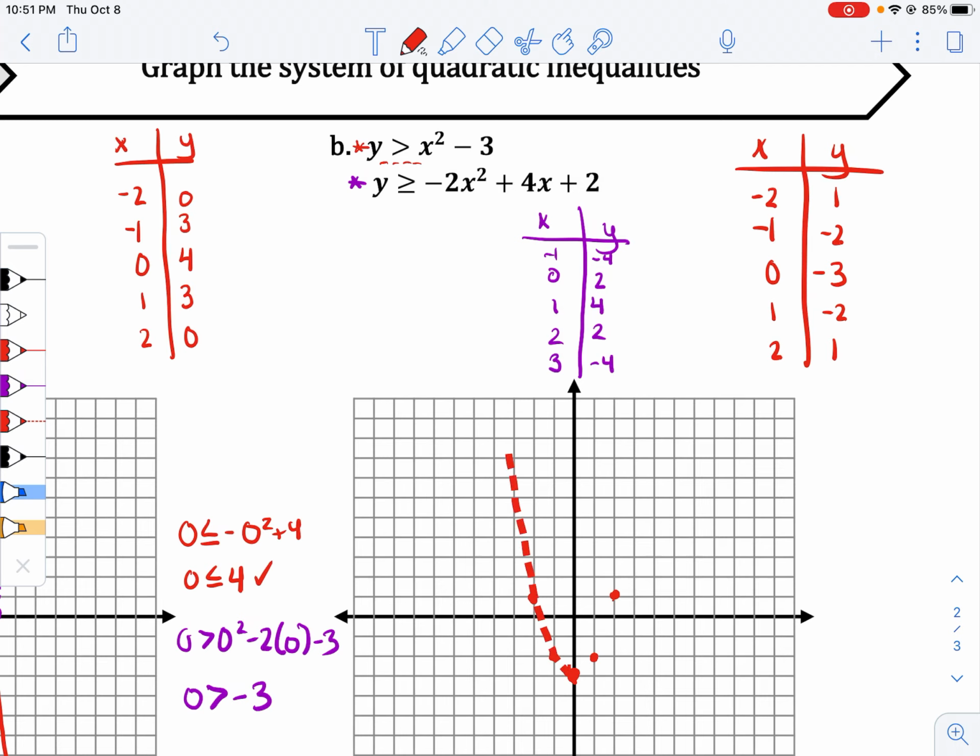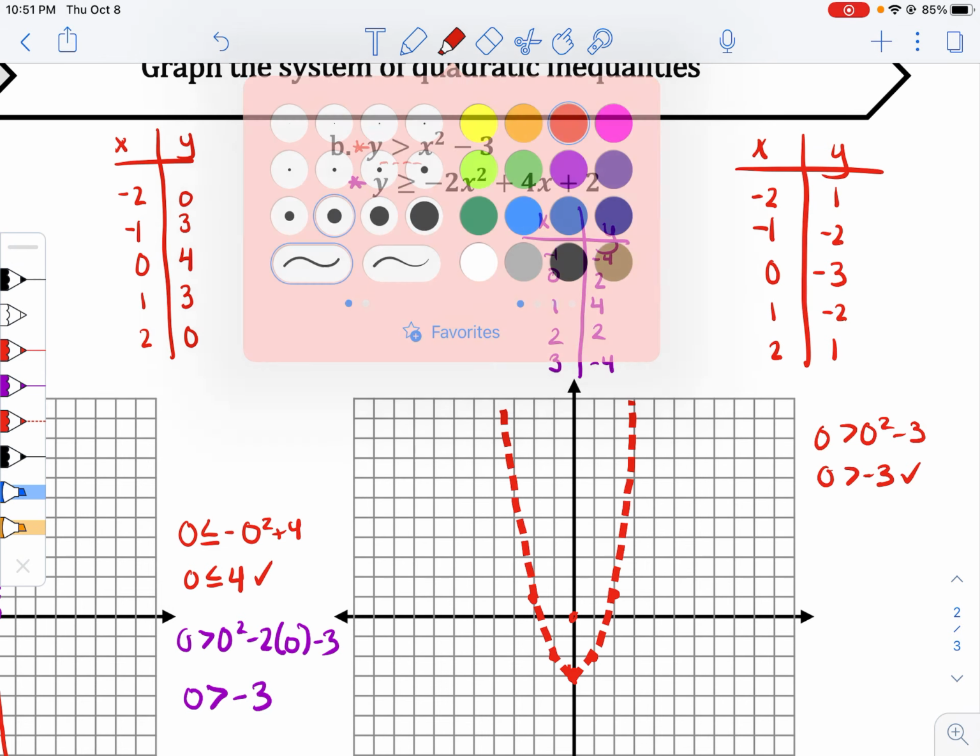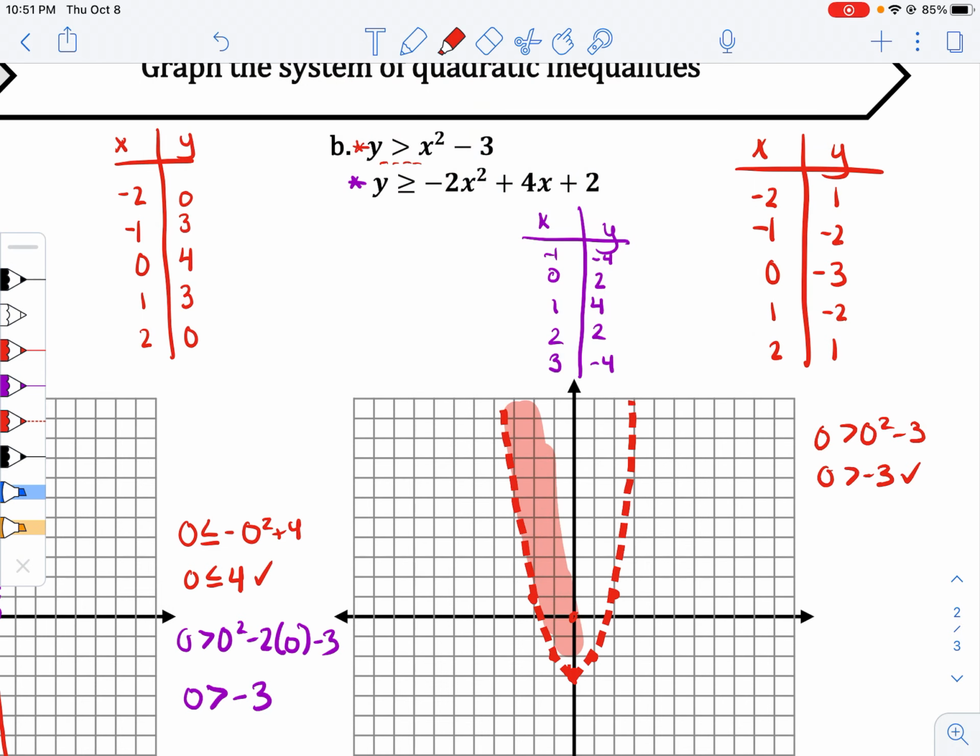We can test 0, 0 again. Great when that happens. So it would be 0 is greater than 0 squared minus 3. 0 is greater than -3. That is true. So I'm going to go ahead and shade inside the parabola.